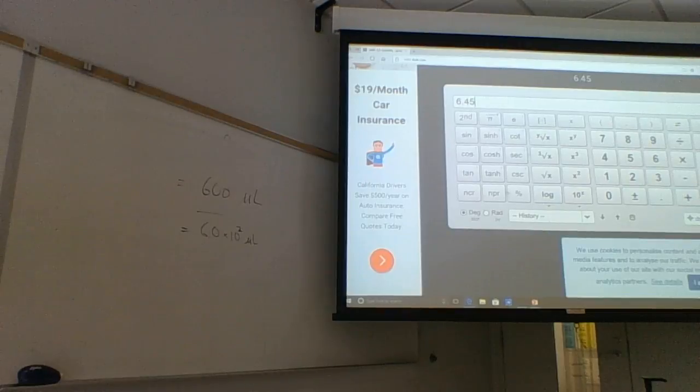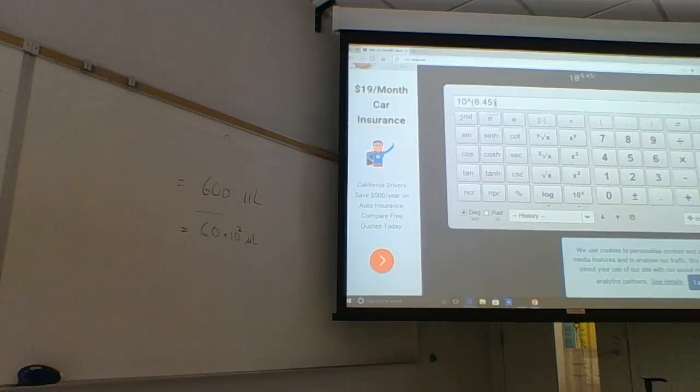So, is there a scientific notation key here? Interesting. A scientific calculator where if I use this key, then I have to do times this. I can't just hit this.